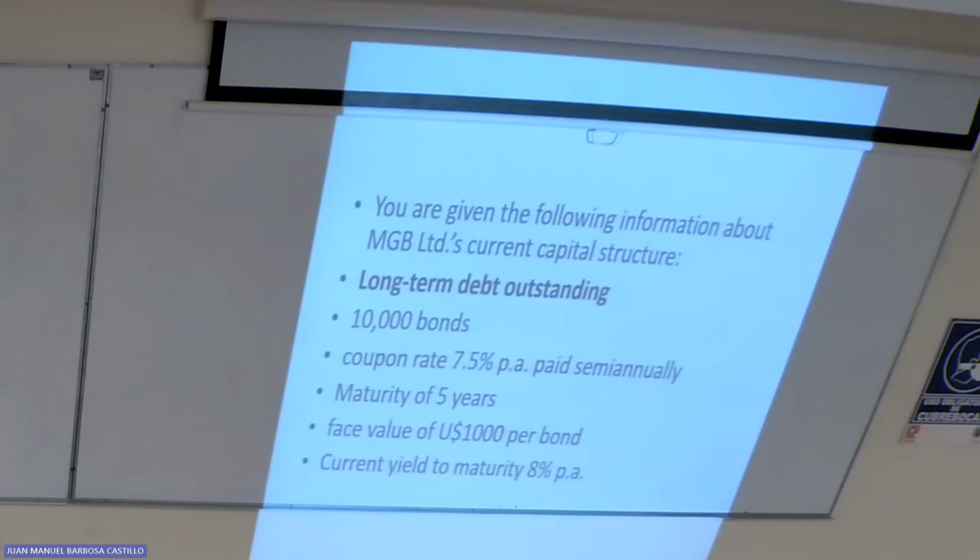How many coupons are we going to add? 10? Plus the present value of the face value. Discounted how many periods?